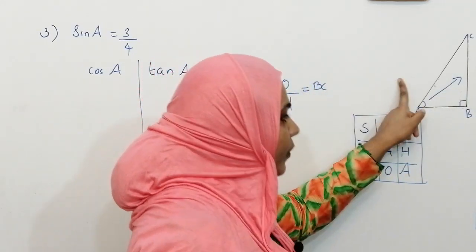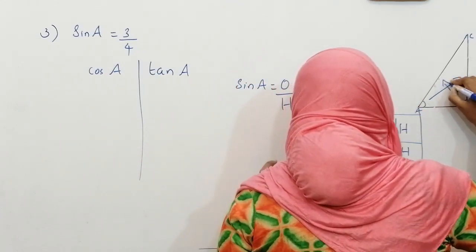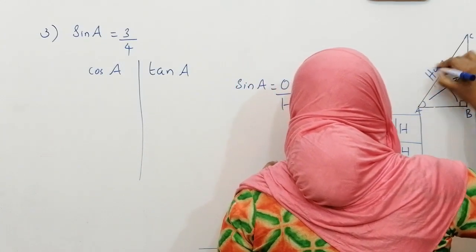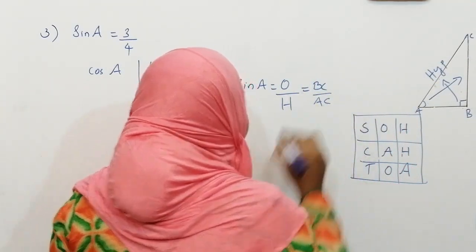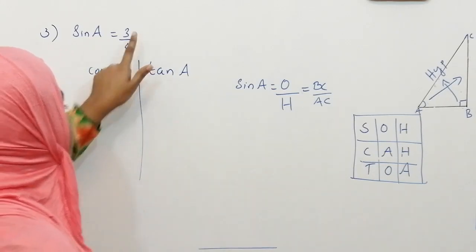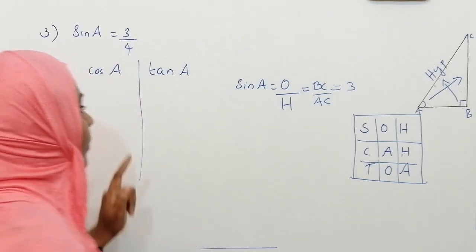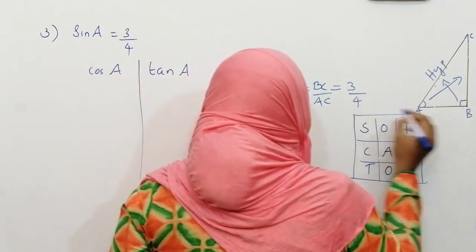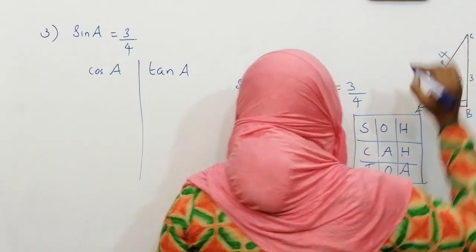And which side is the hypotenuse? The side opposite to 90 degree is called hypotenuse. So AC is our hypotenuse. Now we can complete our triangle. What is BC here? 3. And what is AC? 4. So BC is equal to 3 and AC is equal to 4.